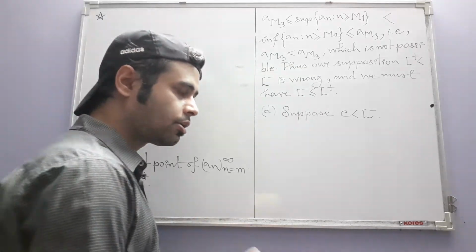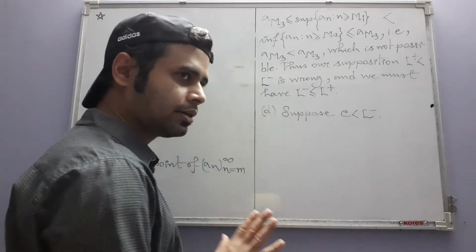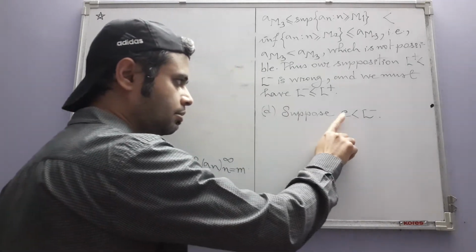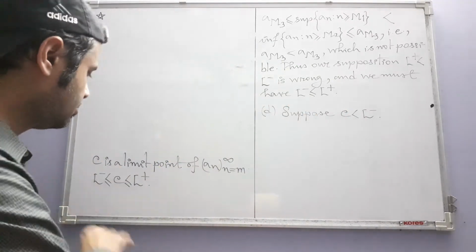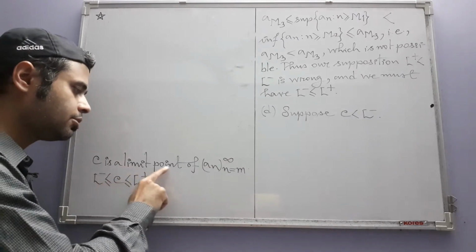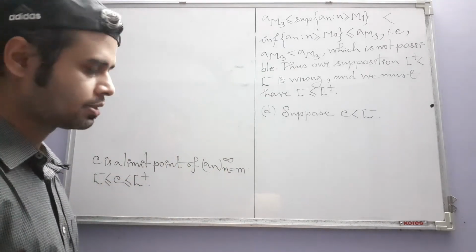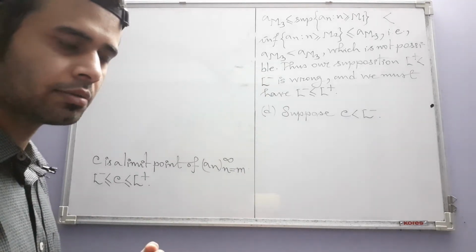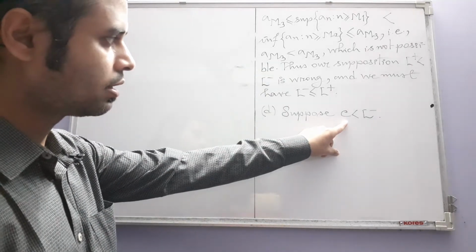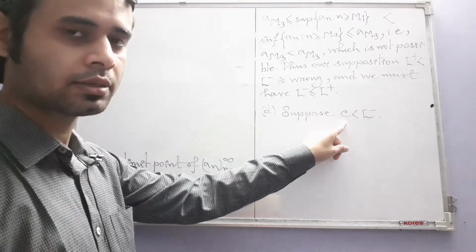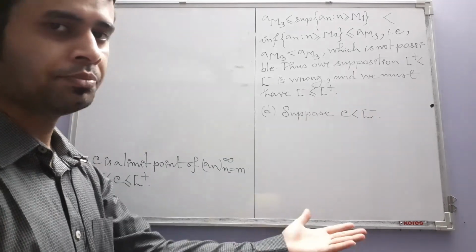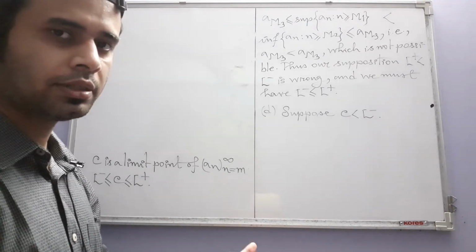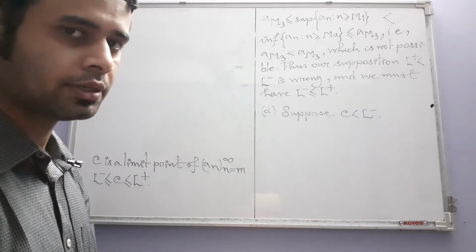L minus cannot be minus infinity, because there is one real number C. You see, C is given to be a limit point of the sequence, and a limit point so far we have seen is by definition a real number. So C is a real number, and because L minus is greater than C, L minus cannot be minus infinity. However, there is still the possibility that L minus can be plus infinity.